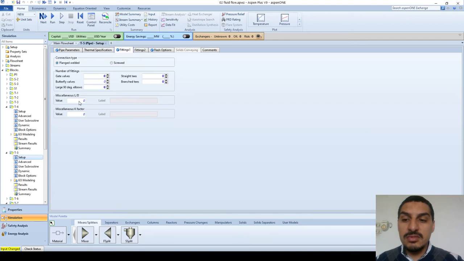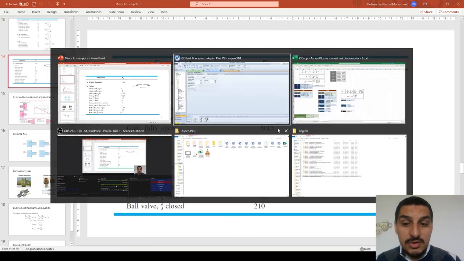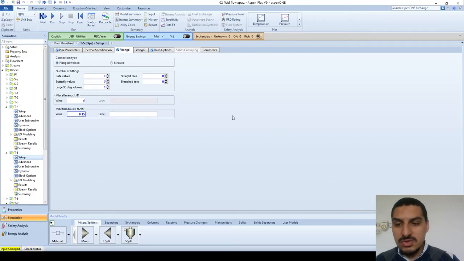You can define it either by what we call the equivalent length, which is how much length relative to the diameter: 1 time, 2 times, 3 times the diameter. If I know this ratio, then I can put a number here. Or by the k. So let's say I put the k here as 0.15, just to check what I get.